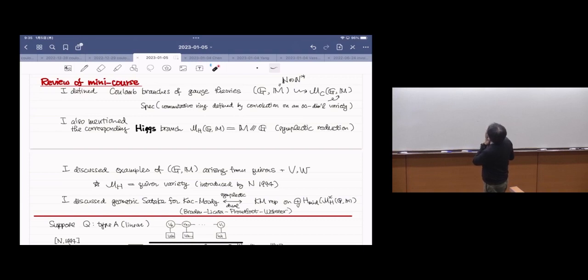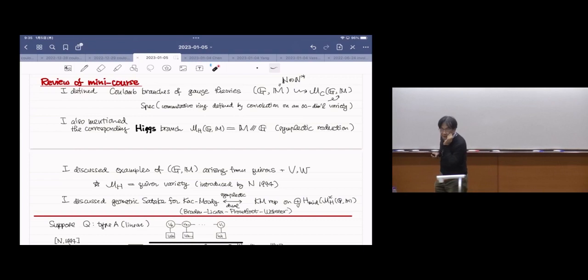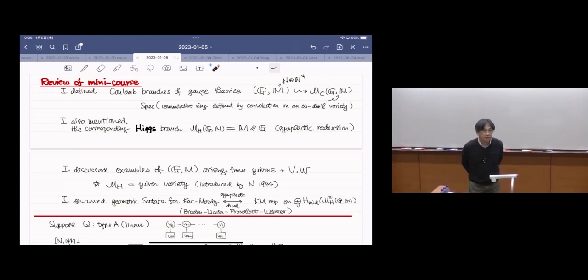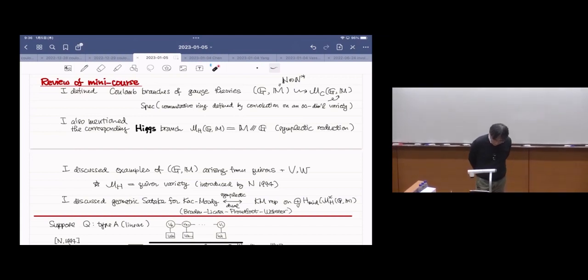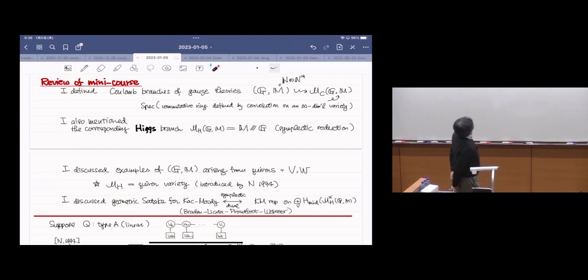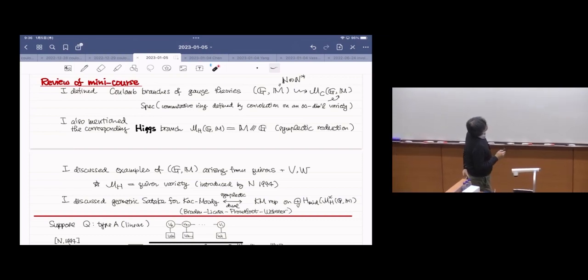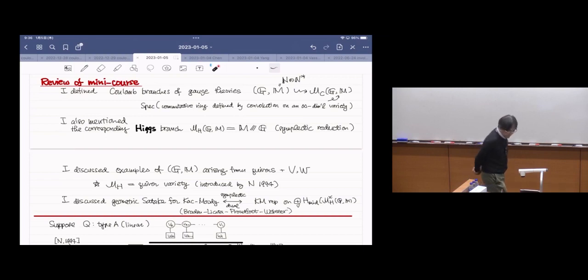And then I also explained, when the quiver is of finite type, then the Coulomb branch is some variety which is closely related to geometric Satake. But it makes sense for an arbitrary quiver. And then you can consider geometric Satake using the Coulomb branch for those examples coming from quivers.